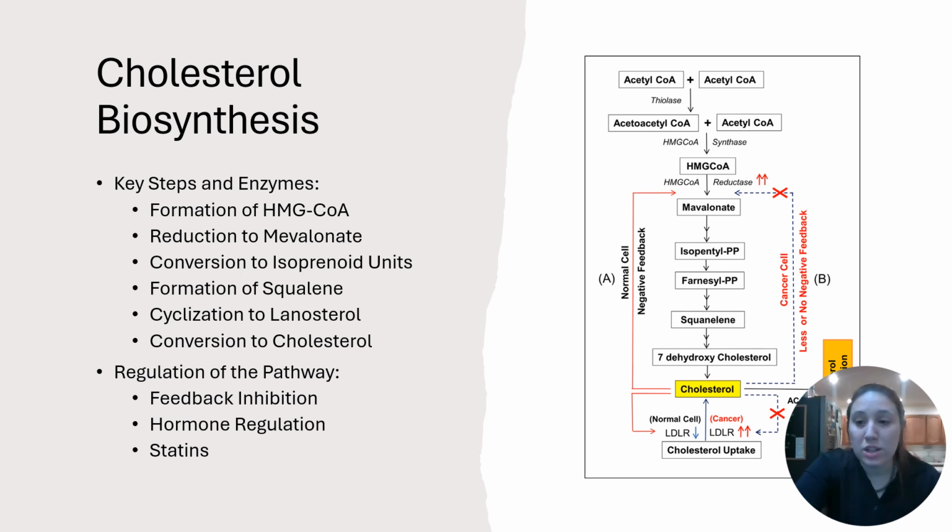The activity of HMG-CoA reductase is tightly regulated by feedback inhibition, so high levels of cholesterol and its derivatives inhibit the enzyme, therefore reducing the synthesis of cholesterol. Insulin and glucagon also regulate the activity of HMG-CoA reductase, and insulin promotes the activity of the enzyme while glucagon inhibits it. Drugs like lovastatin mimic the structure of HMG-CoA and act as a competitive inhibitor, which we'll talk about on the next slide.